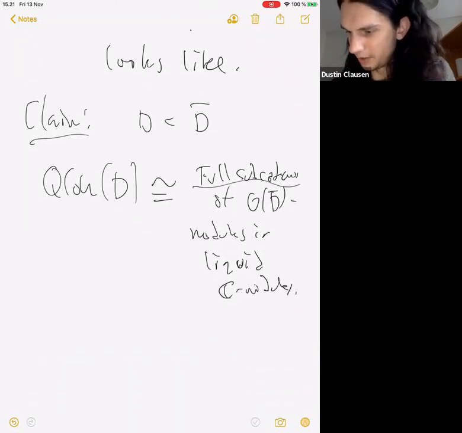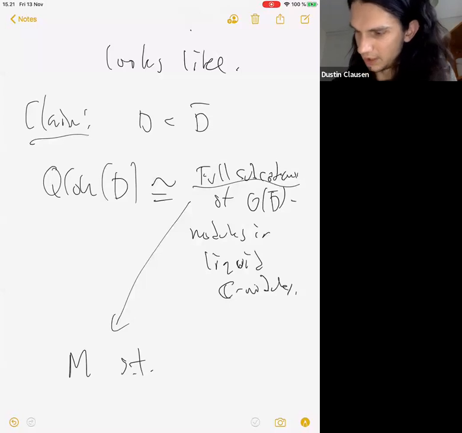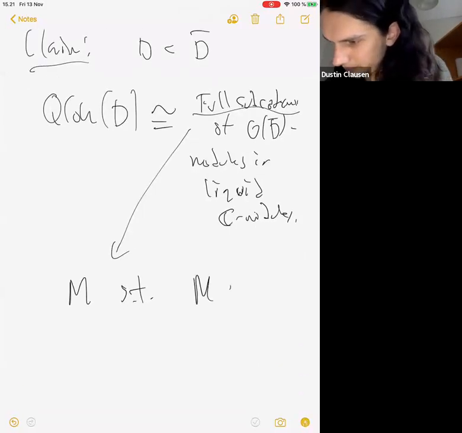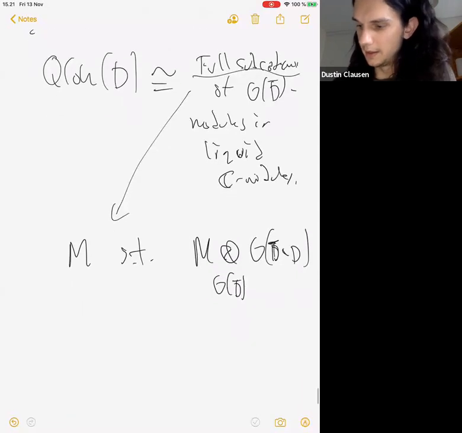And which full subcategory is it? It's those modules M such that if you take M tensor O of D hat minus D, so the boundary, then you get 0.